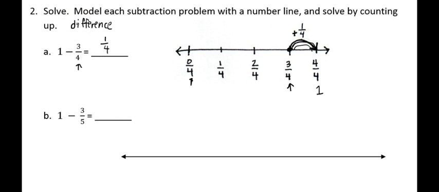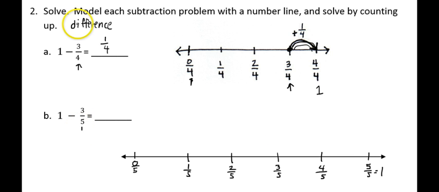The next problem is 1 minus 3/5. I'll start again by writing in my fractions. This time we're working with fifths. So I have 0/5 and 1 whole, which would be 5/5. And I'm going to plot my other fifths on the number line. So we have 1/5 all the way up to 5/5.